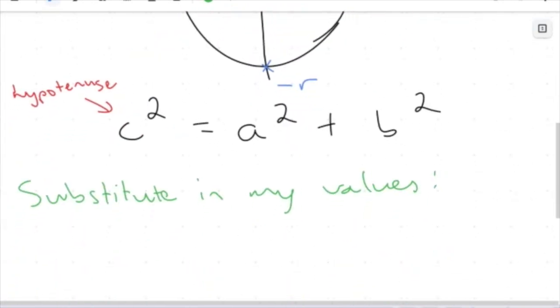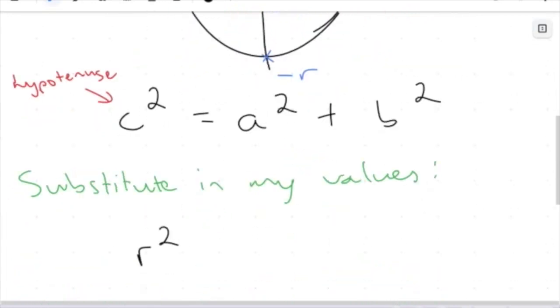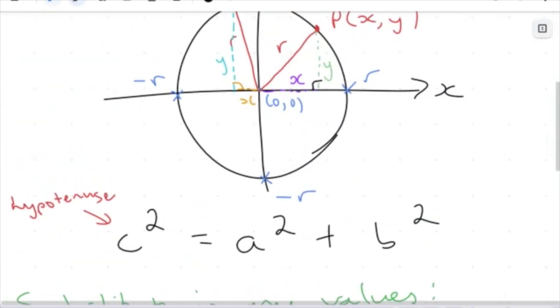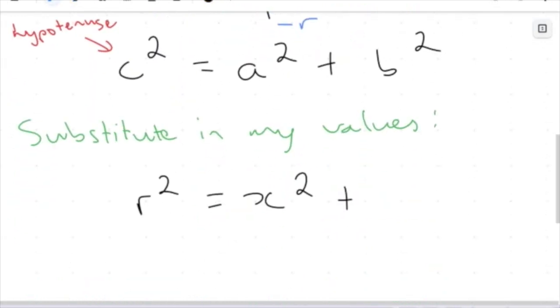That's going to give me r squared, because my radius is my hypotenuse, is equal to x squared plus y squared. x can be my a and y can be my b. So I get r squared equals x squared plus y squared.